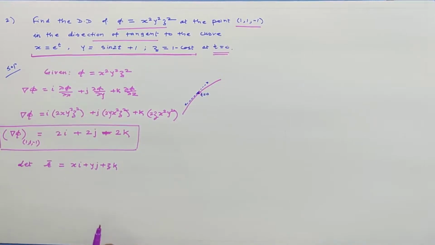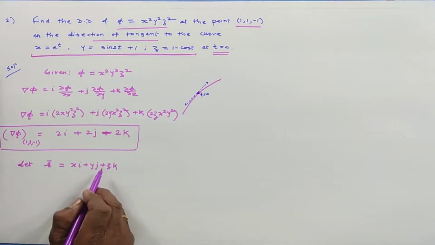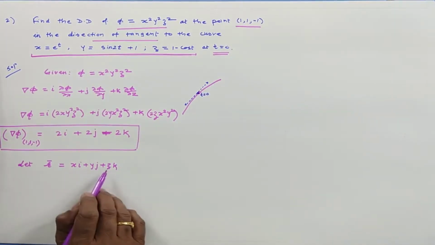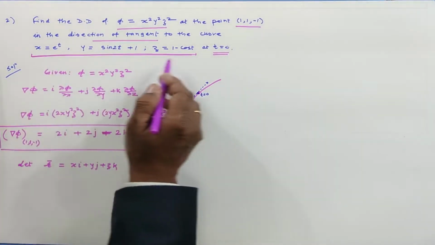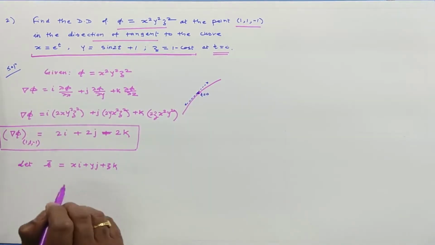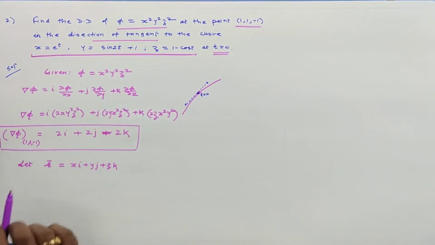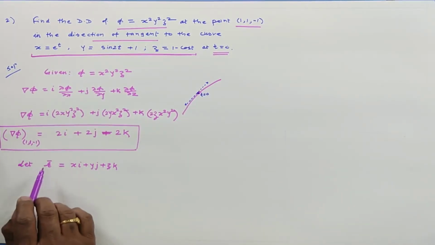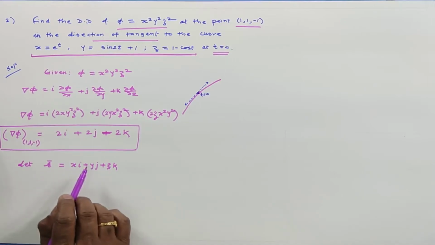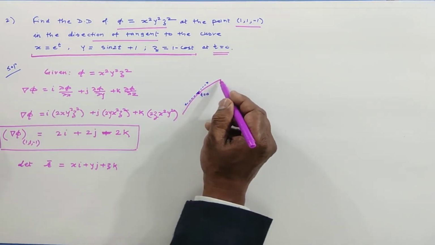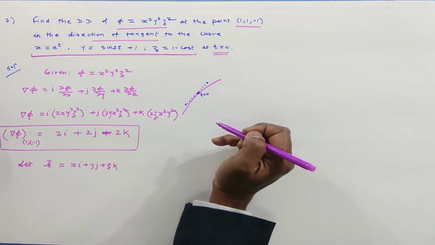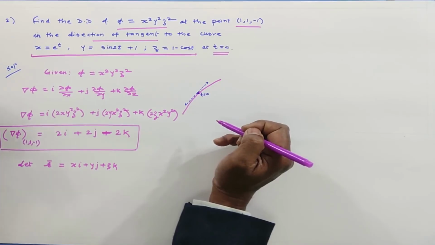This you have to assume. What is this? This is the position vector of any point on the curve with reference to the origin. We have to find the tangent. So what is r bar? R bar is the position vector of any point on the curve with reference to the origin, and the coordinates of the origin are 0, 0, 0.